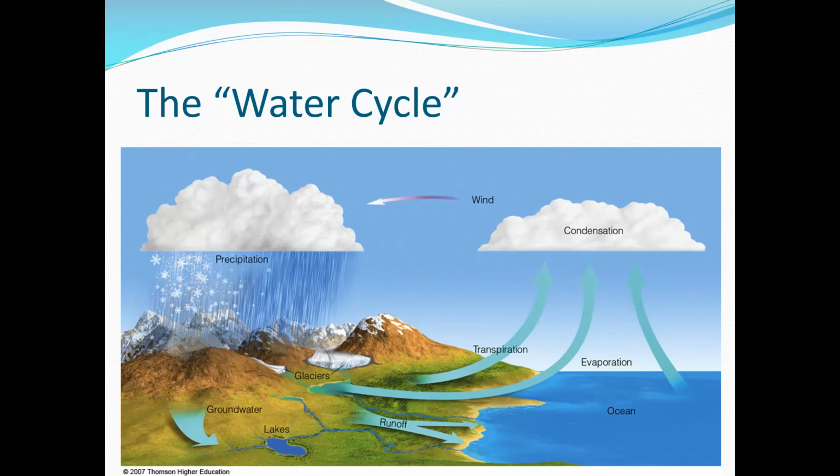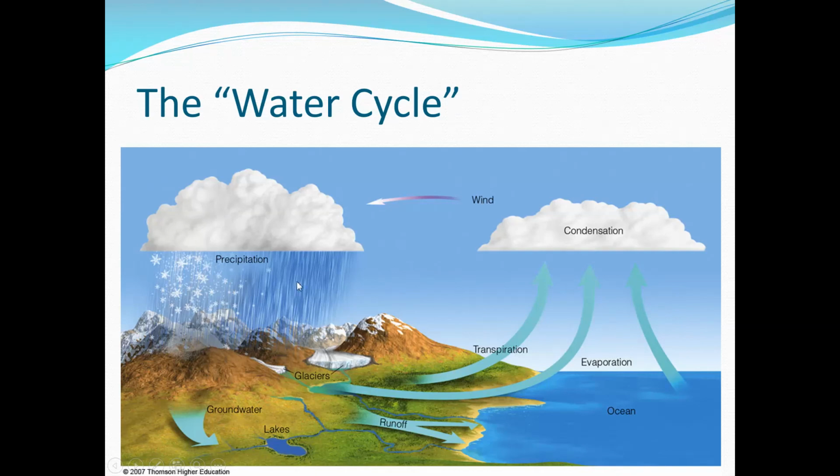Now, eventually what will happen is wind will carry these clouds over land. And as it's carried over land, it rains out or falls as snow or some kind of what's called precipitation. This precipitation then hits land, either in the mountains or down near the coastline.